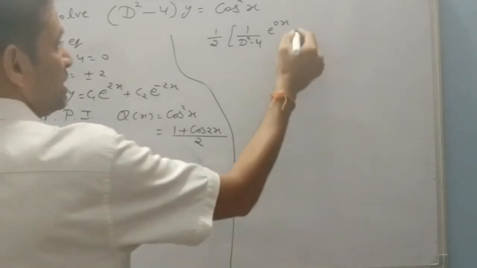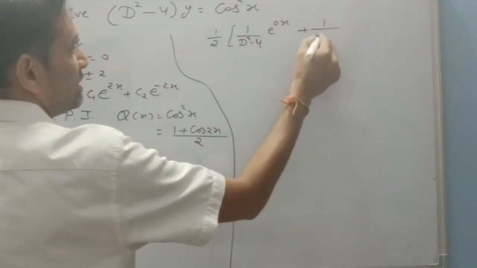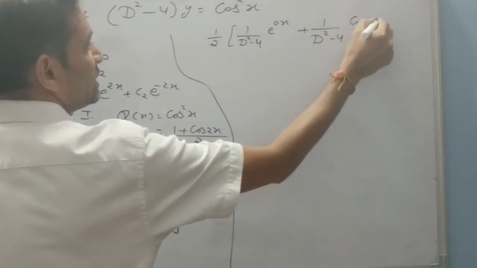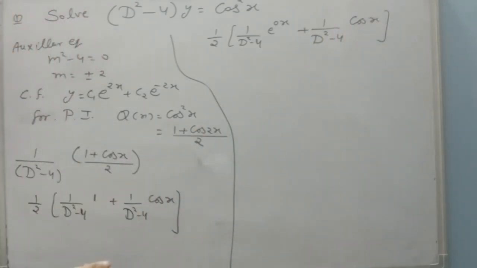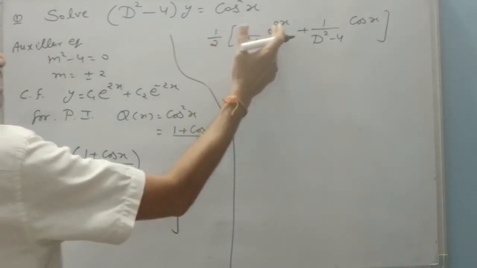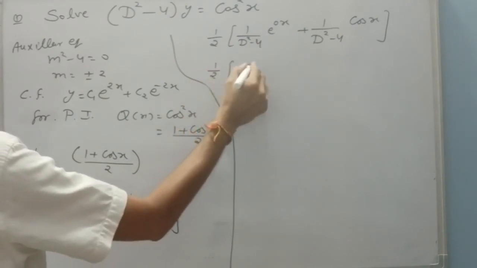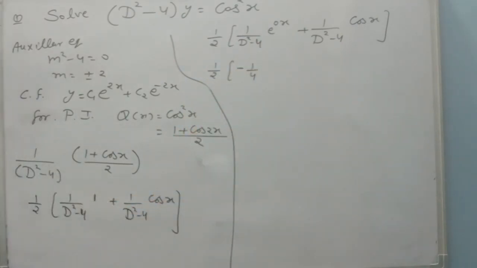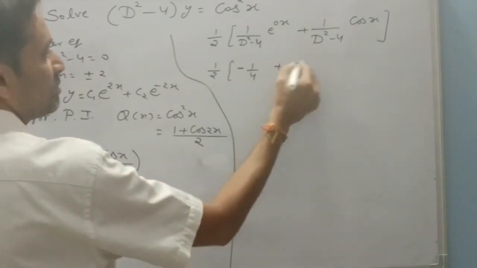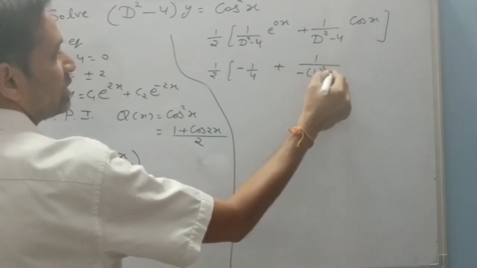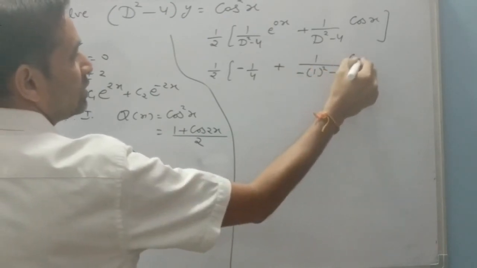Again plus 1 upon D square minus 4 of cos 2x. Now by the exponential rule, case number 1, when you apply D is equal to 0, it will become 1 upon 2, minus 1 by 4 only, and here it will become 1 upon minus 2 square minus 4, cos 2x.